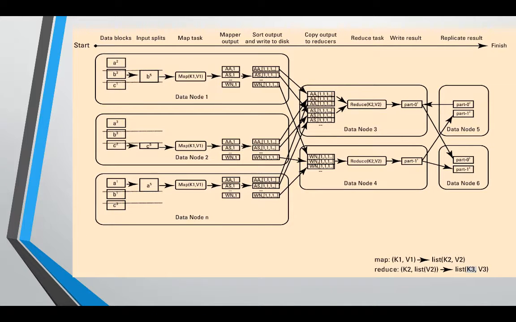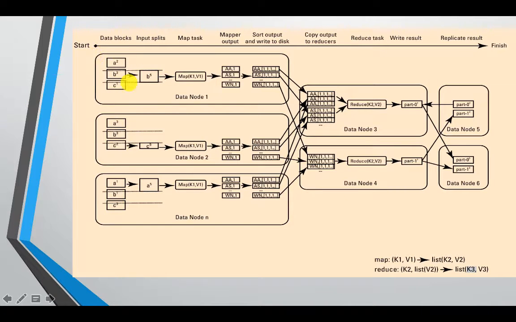In this diagram, it's possible to go more in depth. We have seen several data nodes in the MapReduce data flow. And in this timeline, we can see the main tasks that we have in this example.